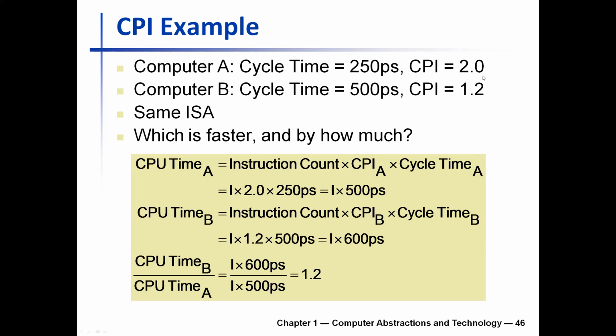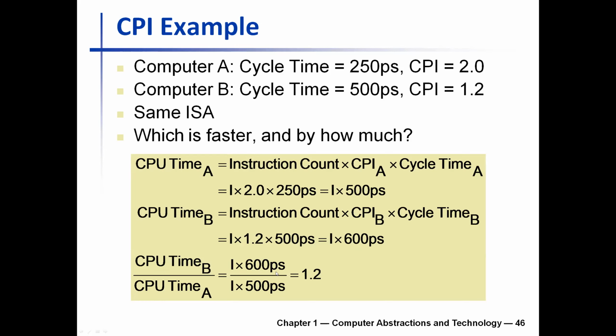CPI for A is 2 and cycle time is 250 picoseconds, so I times 500 picoseconds is the CPU time for A. For B, the same thing boils down to the same number of instructions, same program, I, and CPI is 1.2, cycle time is 500 picoseconds, so I times 600 picoseconds. So CPU time for B over CPU time for A is 1.2.